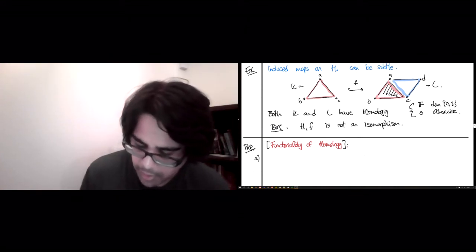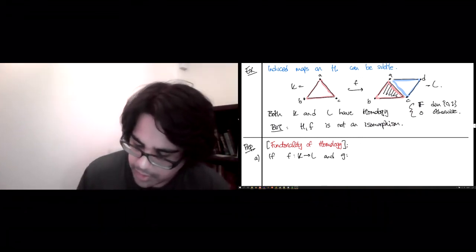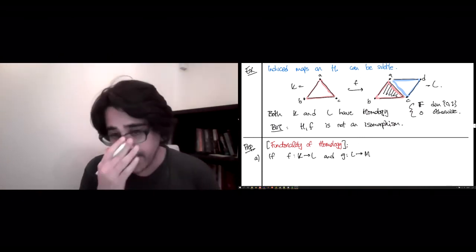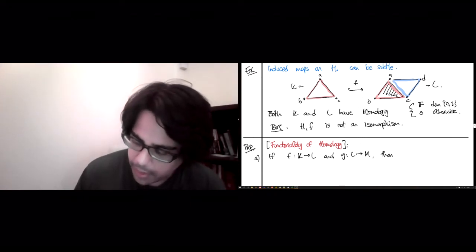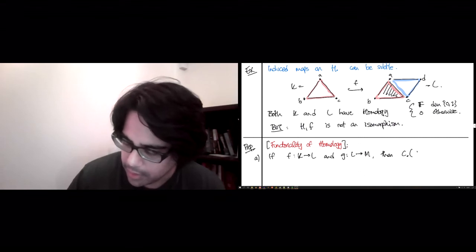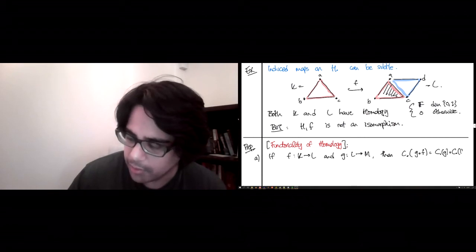The first one is if F is a simplicial map from K to L, and G is a simplicial map from L to M, so K, L, and M are simplicial complexes, then the chain map induced by the composite G composed with F is the same as the chain map of G composed with the chain map of F.